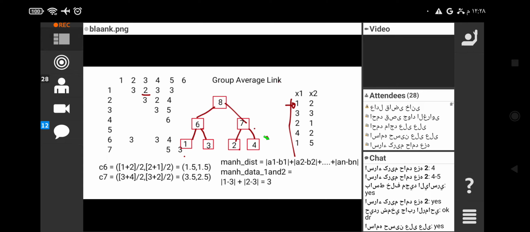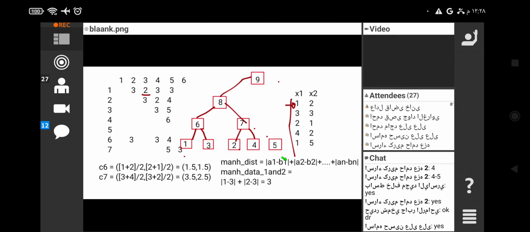And the final step is cluster 5 and cluster 8. This is cluster 9. Okay, this is cluster 9.